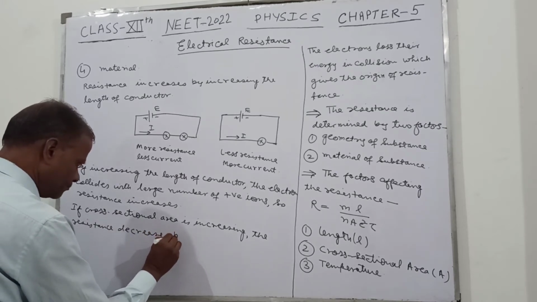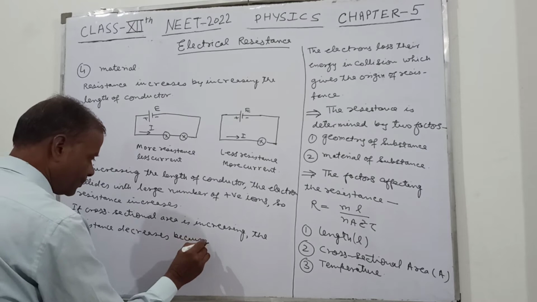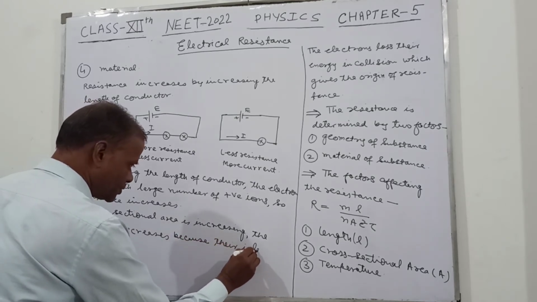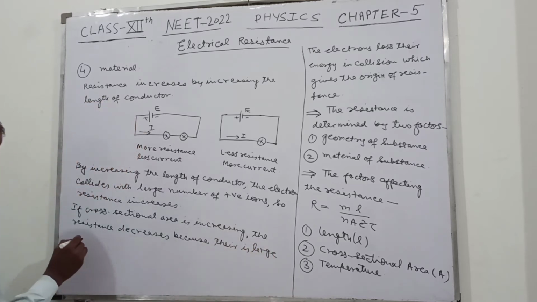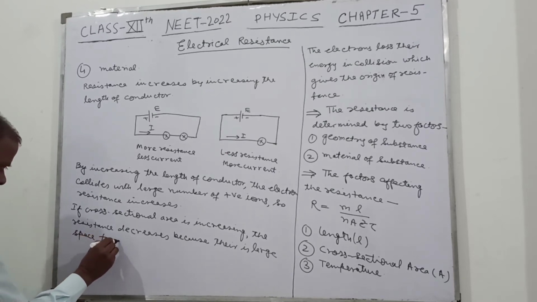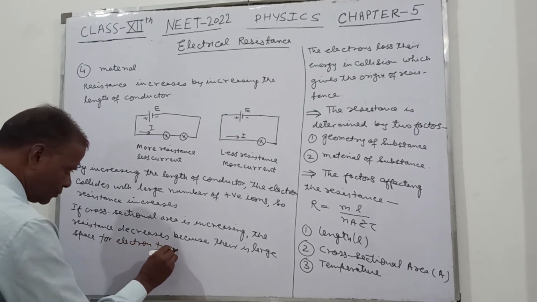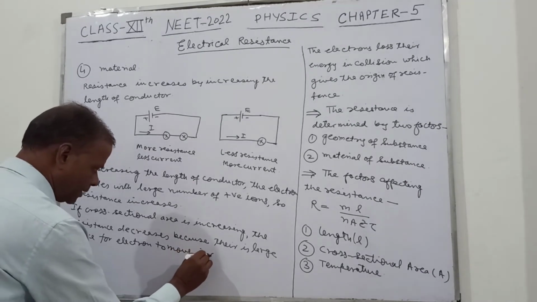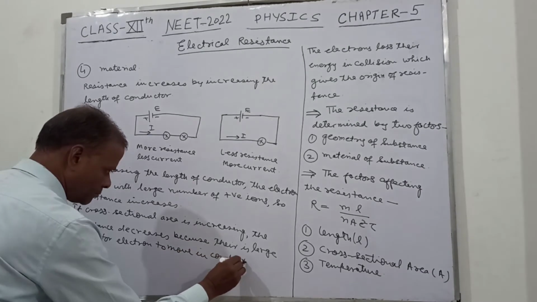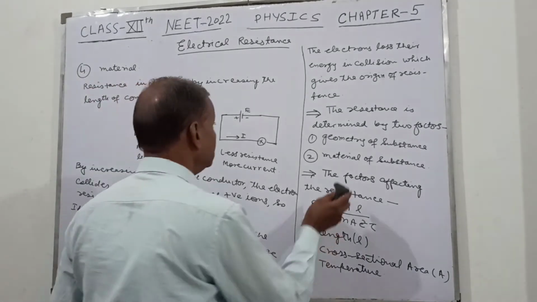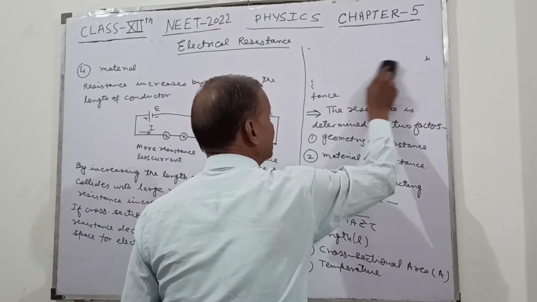Because there is large space for electrons to move in the conductor. So what we have, that we can visualize it here with the help of this diagram.